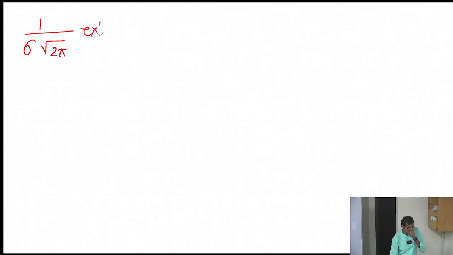So for Gaussian, we know that it looks like 1 by sigma root 2 pi exponential of minus 1 by 2 sigma square x minus mu square.